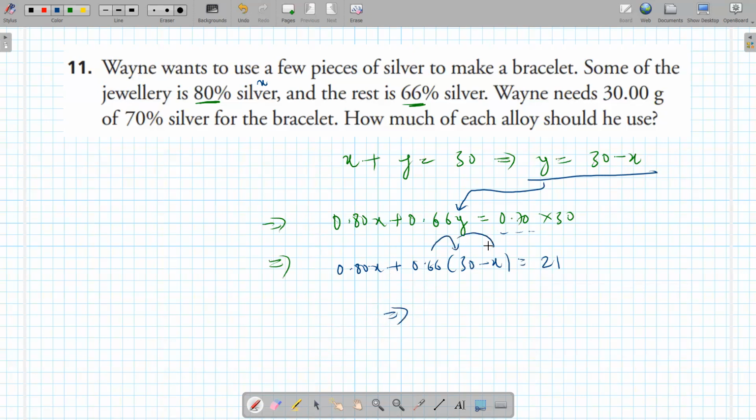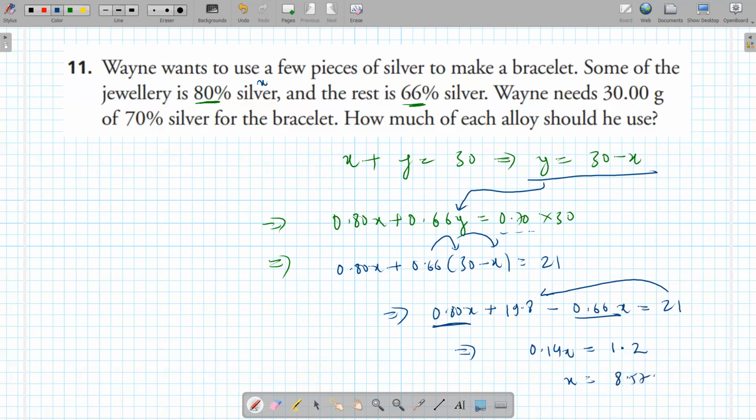Here, open the bracket, so you get 0.80x plus 0.66 times 30 is going to be 19.8 minus 0.66x equals 21. 80 minus 66 is 0.14x, and 21 minus 19.8 is 1.2. Therefore, x is going to be 1.2 divided by 0.14, which is going to be 8.57 grams.